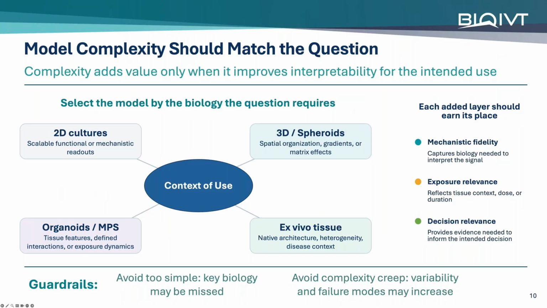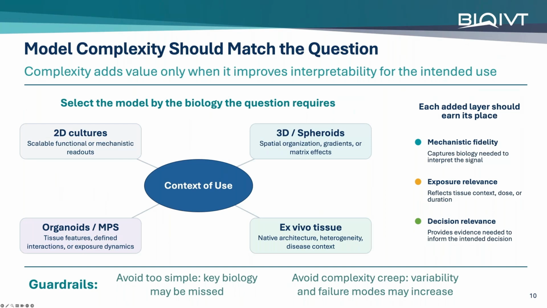And an ex vivo tissue can preserve native architecture, heterogeneity, and disease context that may be difficult to reconstruct experimentally. None of these features make one category universally better than another. The model has to be selected according to the biology required by the question.